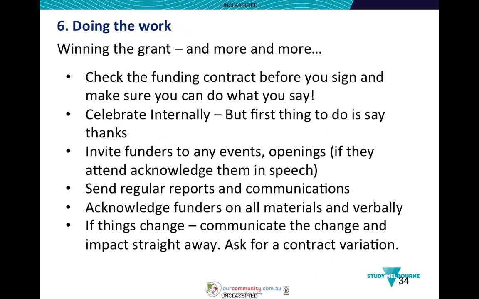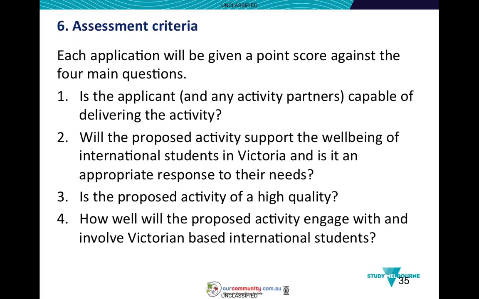The final point, 7, which is the assessment criteria. Each application is going to be given a point score against 4 main questions. Now, I know we had questions in the application form. What I want you to do when you've got your application form at draft stage is actually have a look at it and ask yourself, how well does that application address these 4 key areas?